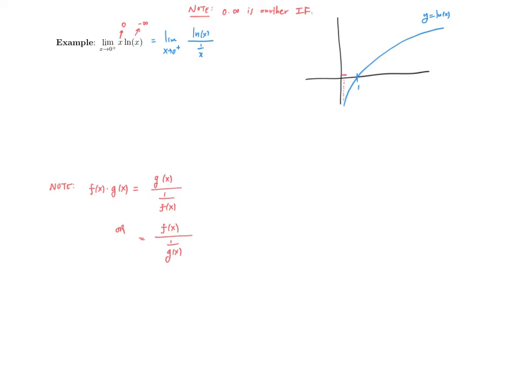Now we can think about this equivalent limit. As x goes to 0 from the right, we've already noted that the natural log goes to minus infinity. Continuing on with our practice visualizing, 1 over x is this reciprocal function.